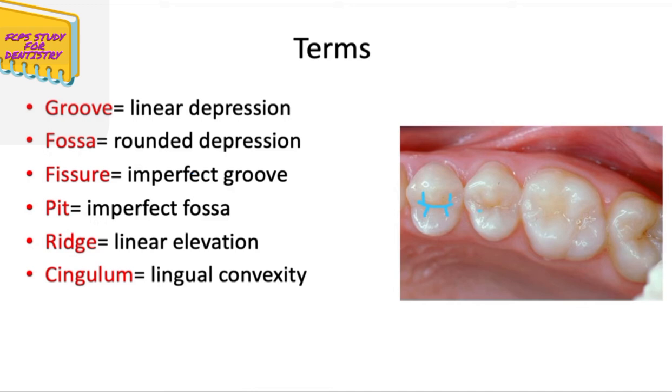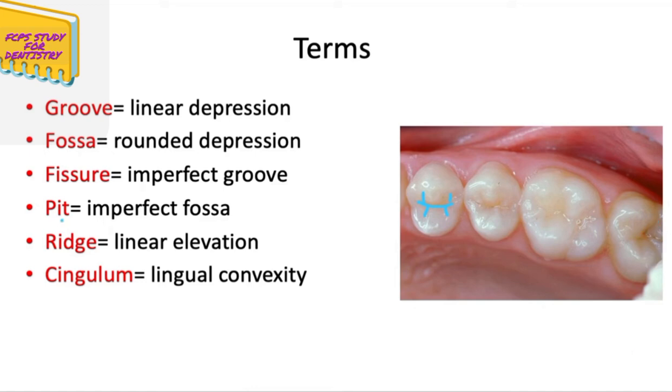So, for example, this premolar has two triangularly shaped fossa here. A fissure is a deeper than normal groove where there was an imperfect union between those developmental lobes. I would definitely call this a fissure right here on tooth number 15, a deeper than normal groove.